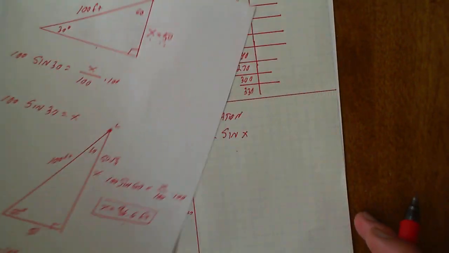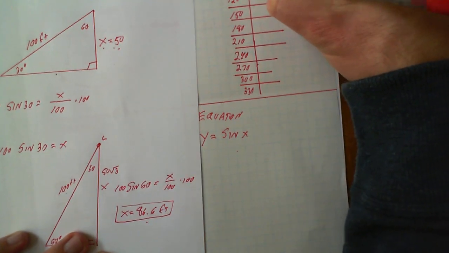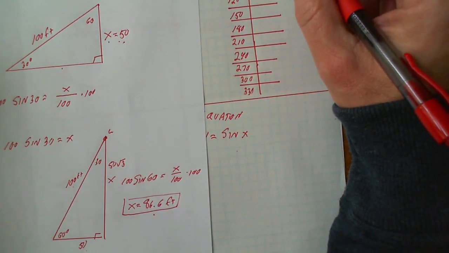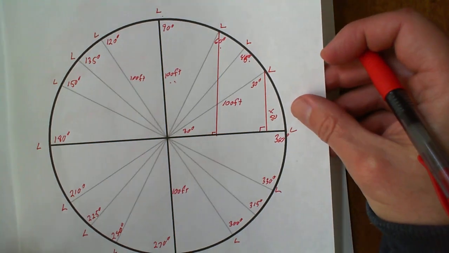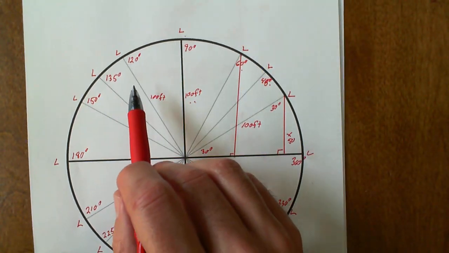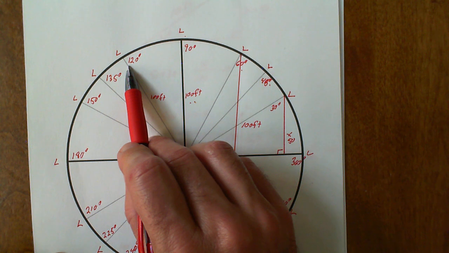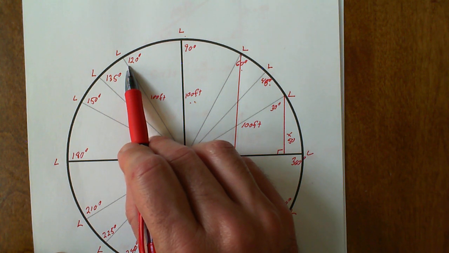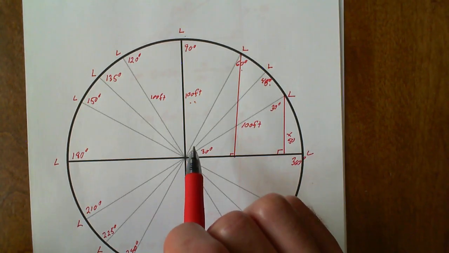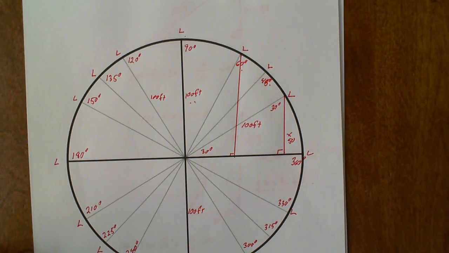That person will be 100 feet. Okay, now, based on your deductive reasoning, this person here at 120 degrees, how high can you predict that person will be? Now, as you're thinking about that, I am going to draw a triangle that represents this situation here.